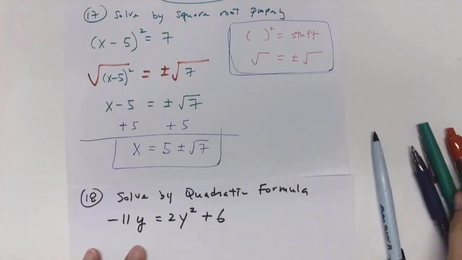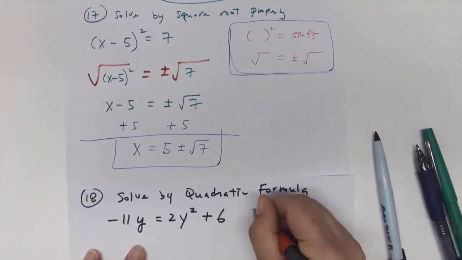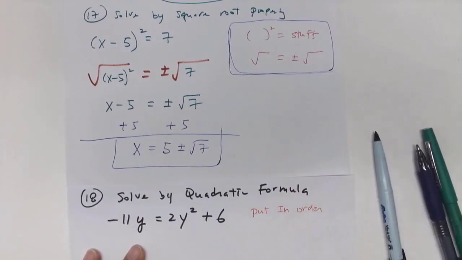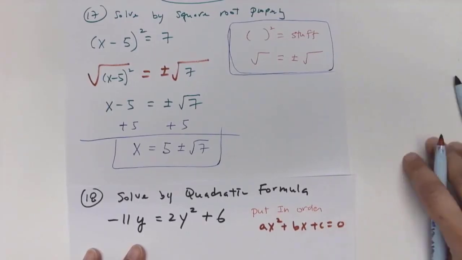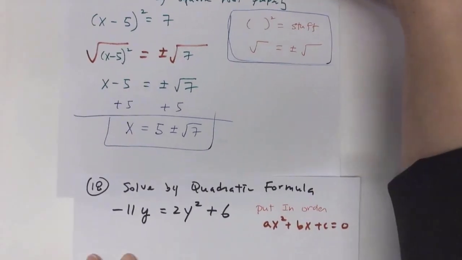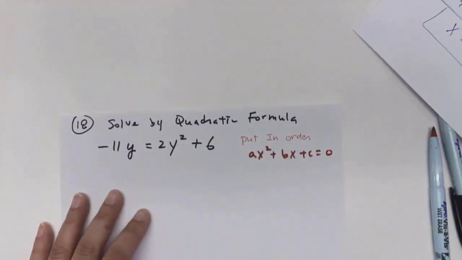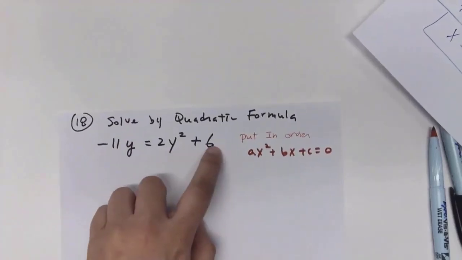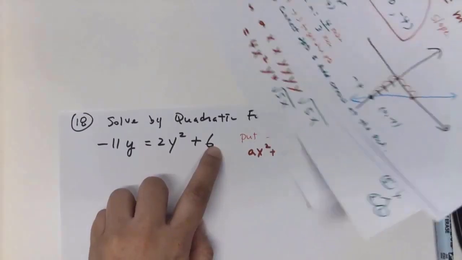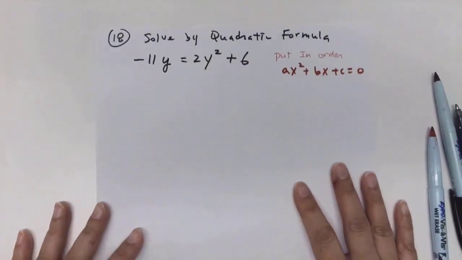So for the quadratic formula, make sure you put this in order. You need it to be ax squared plus bx plus c equal to 0. So this is obviously not in order, okay? One of the common mistakes is people think this is A, this is B, this is C. No, you have to put them in the correct order first before we can plug into the formula.